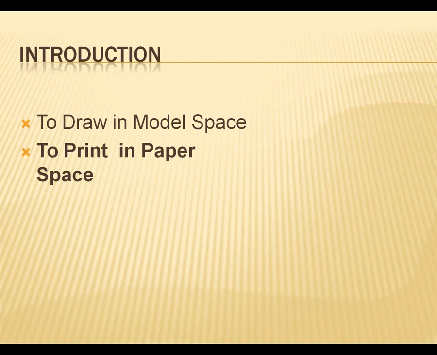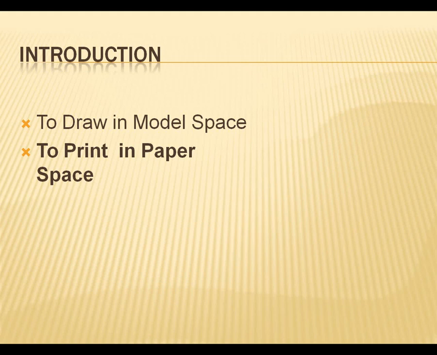In the introduction, I would like to highlight that of the two workspaces that you have in AutoCAD, in the model space you mainly draw, modify, create the dimensions and do the most important part of the drawing. And when you have to print is when you go into the paperspace.